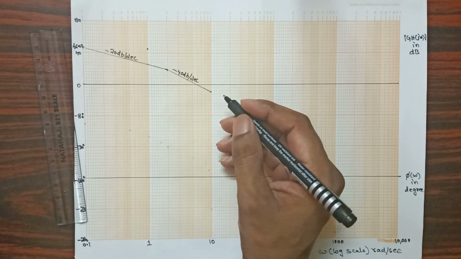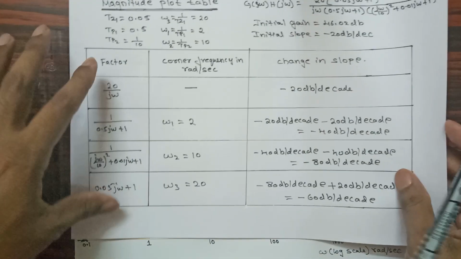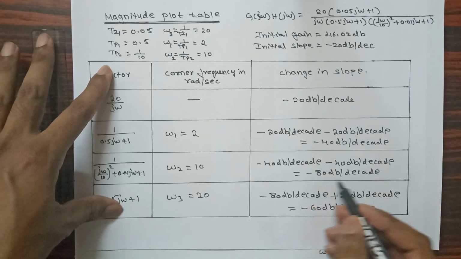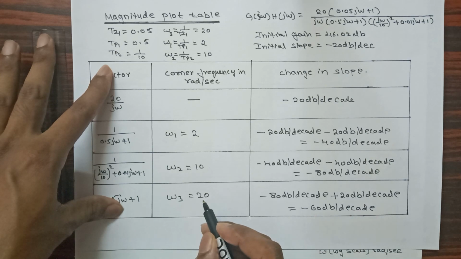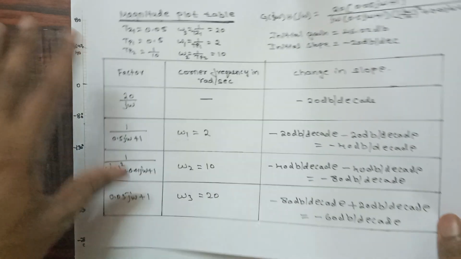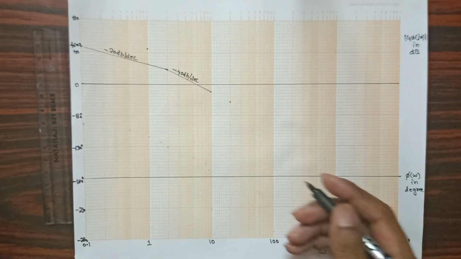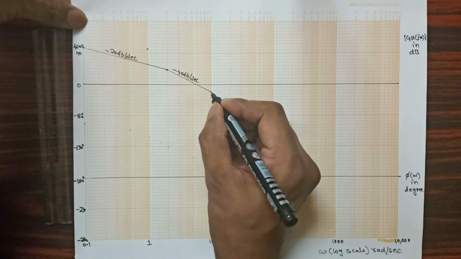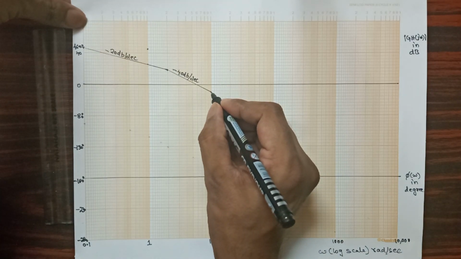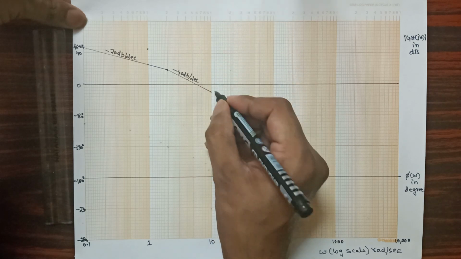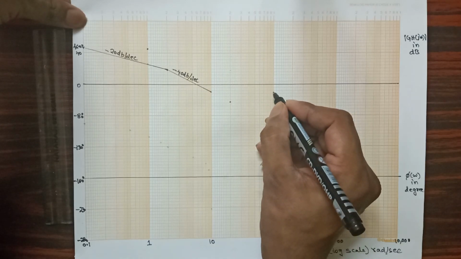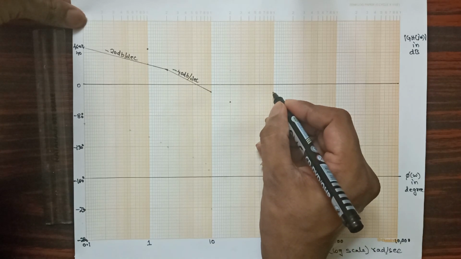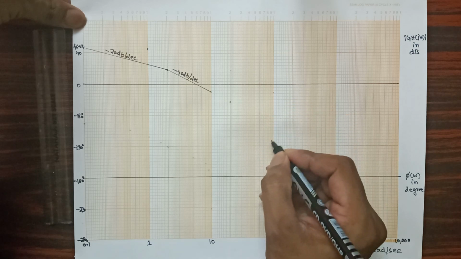Next I need to draw the third slope. Here you can see the third slope is minus 80 dB per decade, and this slope has to stop at 20 radians per second. So to draw the minus 80 dB per decade slope, from the point where I have stopped, first I am going to move 1 decade ahead. Now you can see here I have stopped at 1 only, so 1 decade means from this point I am going to move 1 decade ahead. Now from this point I am going to come down by minus 80.